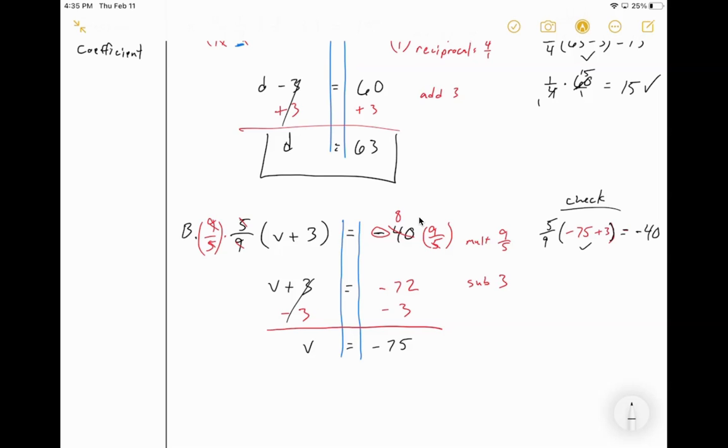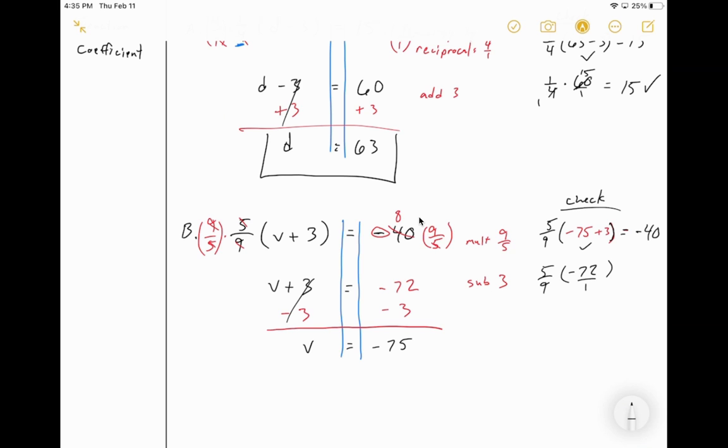Negative 75 plus 3 is negative 72. Okay. Let's see. So this goes in. That becomes a 1. That becomes a negative 8. So now I've got 5 times negative 8, which is negative 40, which is equal to negative 40.